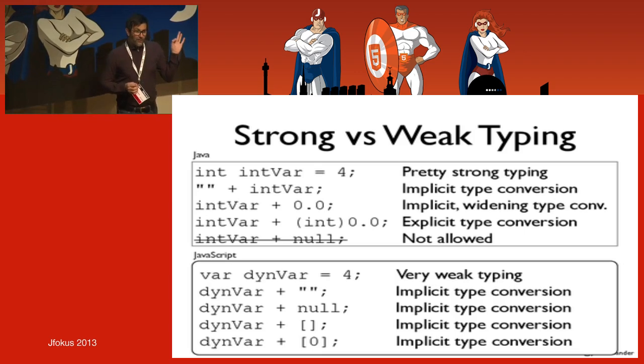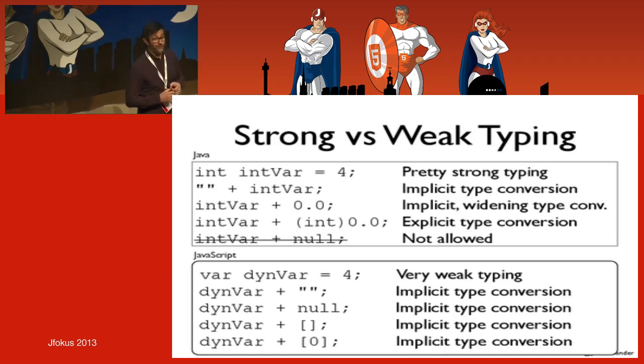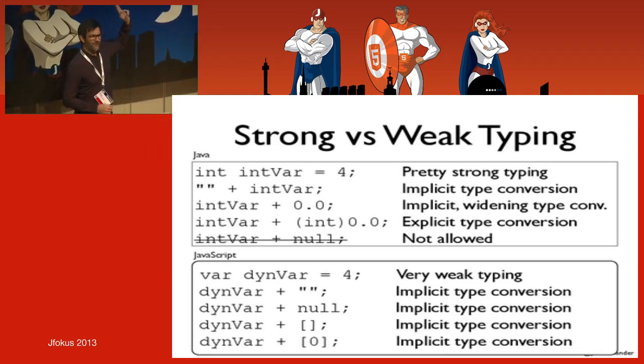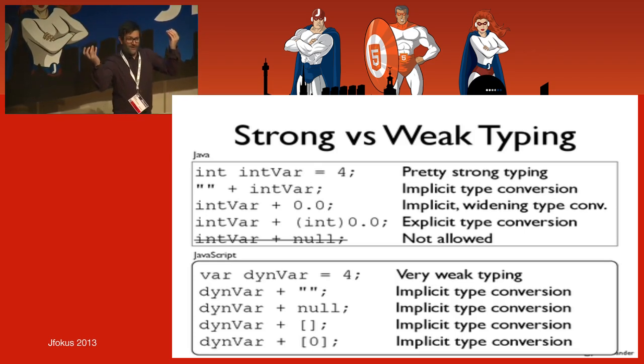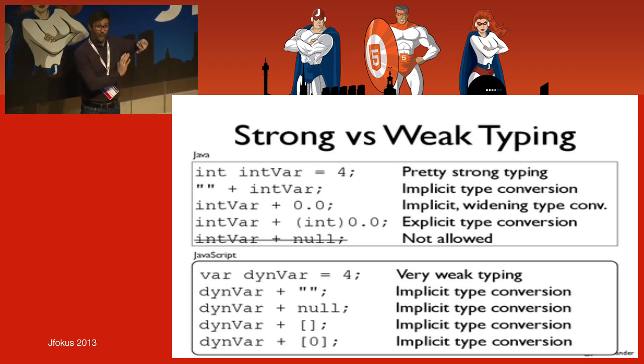But if we now add this to an empty string, we actually have what's called an implicit type conversion, and we will get a string back. And this is a case where you would say that Java doesn't have really strong typing, because how can we possibly use an operator for two values of different types and then get one of those types in return? This is implicit type conversion, and it's typically not found in really strong typing languages.